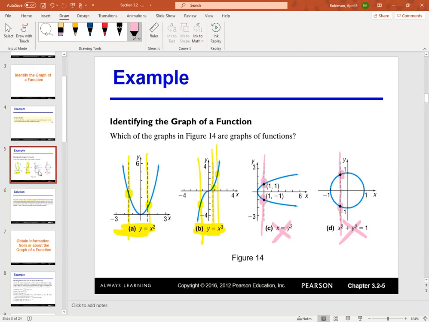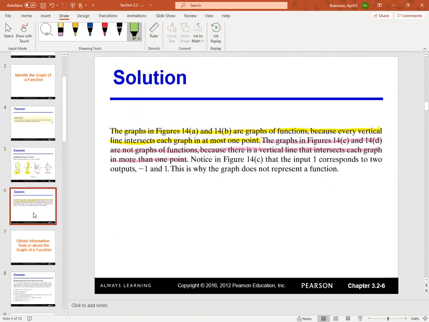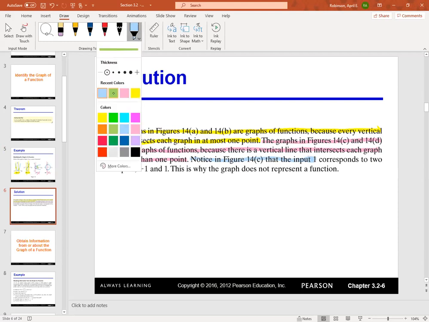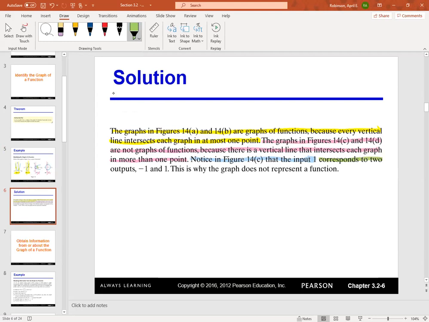They even labeled them. They're showing you here that both of these points have an input of 1, and then they give two different outputs, 1 and -1. And that goes against the definition of a function. So the input of 1 corresponds to two outputs, -1 and +1.